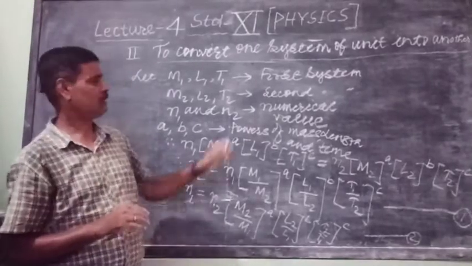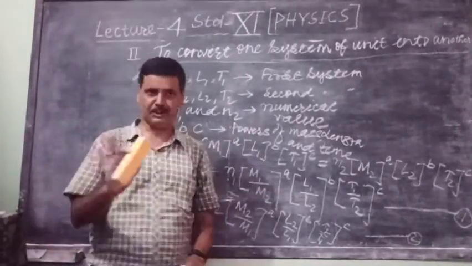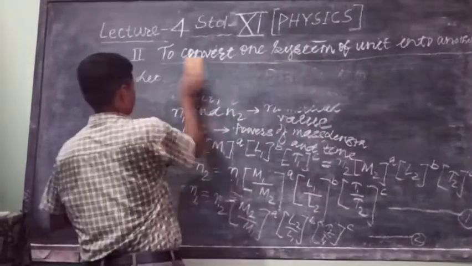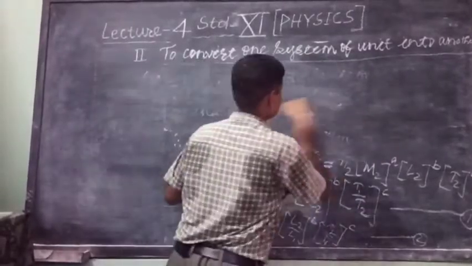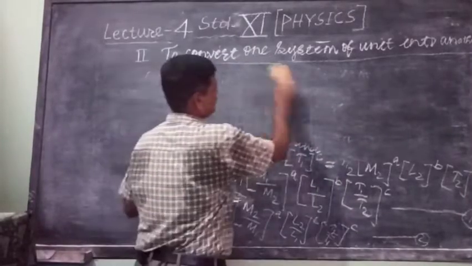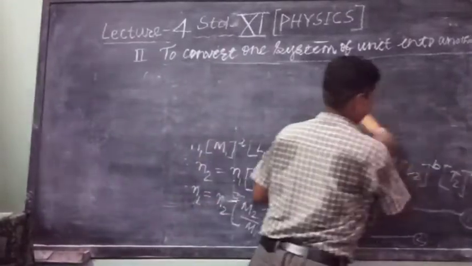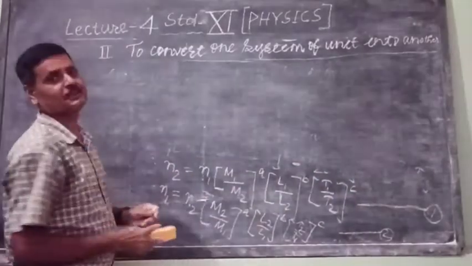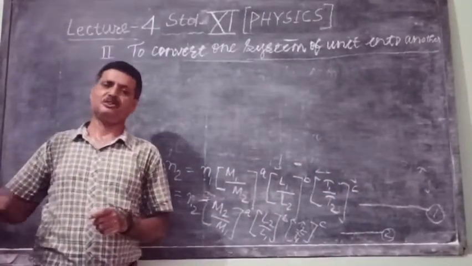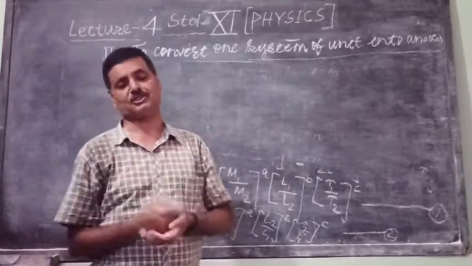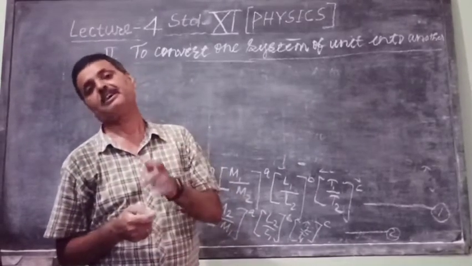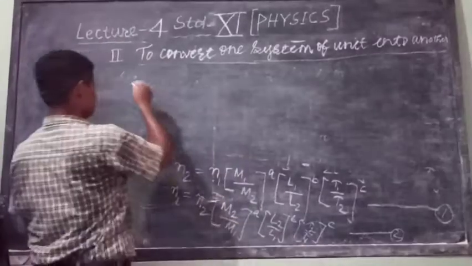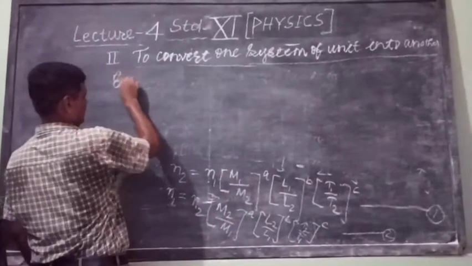The first example for this system of unit is given before you. It is a very easy question. If the value of acceleration due to gravity in the CGS system is 980 centimeter per second square, this is example number 1.